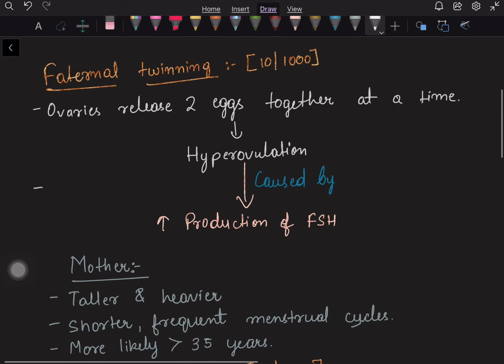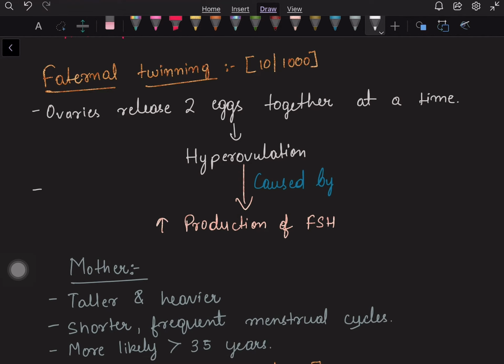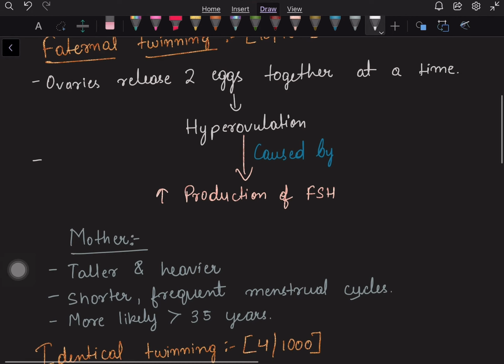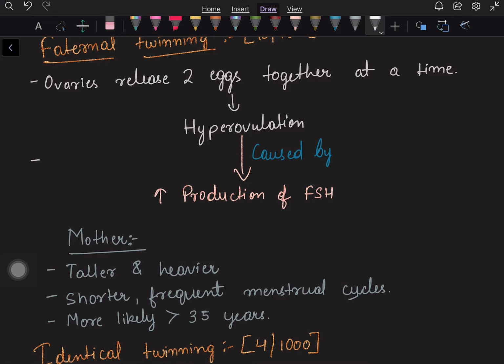Let's discuss more about fraternal twinning. Fraternal twinning is more common, with about 10 out of 1000 cases. What happens in this is the ovaries release two eggs together at the same time. The release of two eggs at the same time is known as fraternal twinning. But why does this take place? Because of hyperovulation.